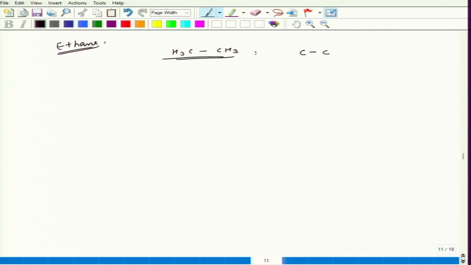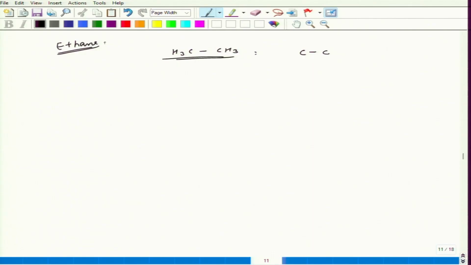Now, how can we assume the different conformations of ethane? So, assume a ball and stick model. Consider we take the 2 carbons as models to represent. There are only 2 carbons in the ethane molecule. That is why I have taken a simpler example.